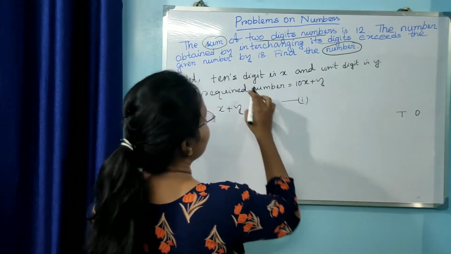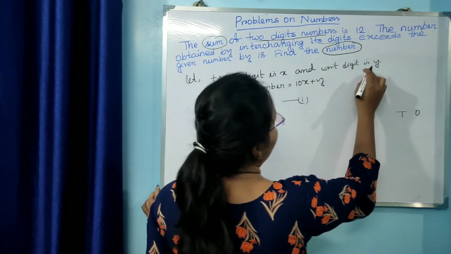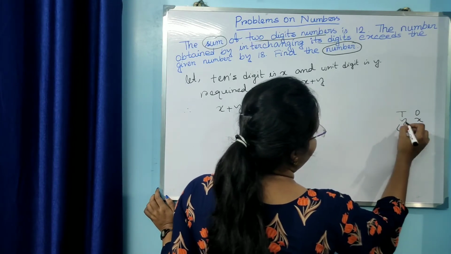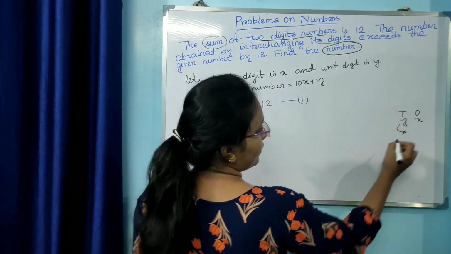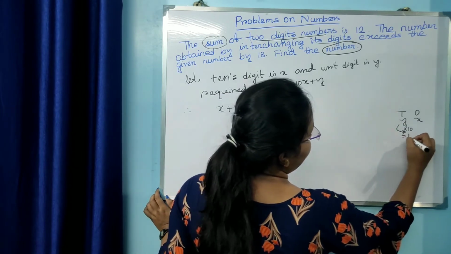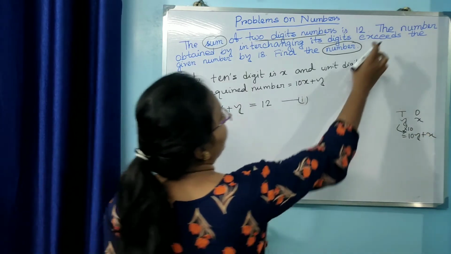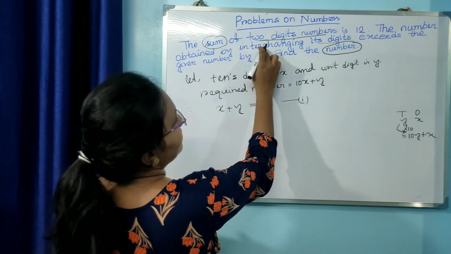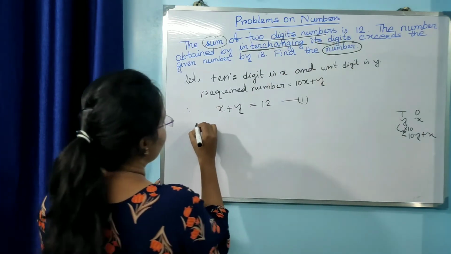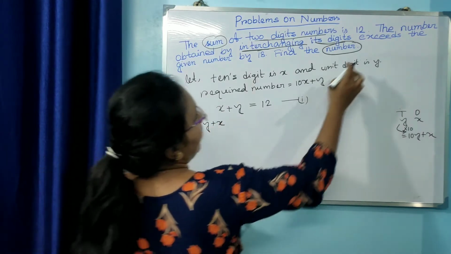If we interchange the digits, then tens will be unit and unit will be tens. So xy will be yx. And the number will use its place value now, so we multiply 10 with this digit, we get 10y plus x, which is the number obtained by interchanging its digits.